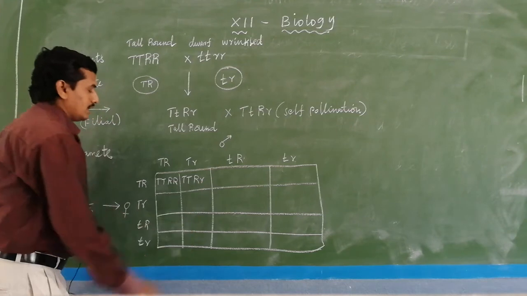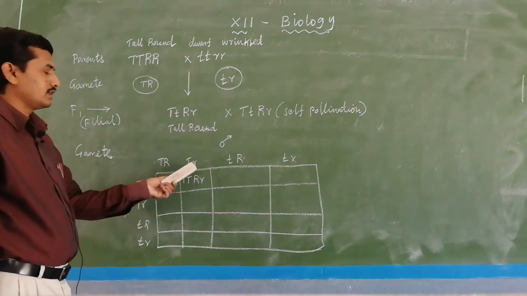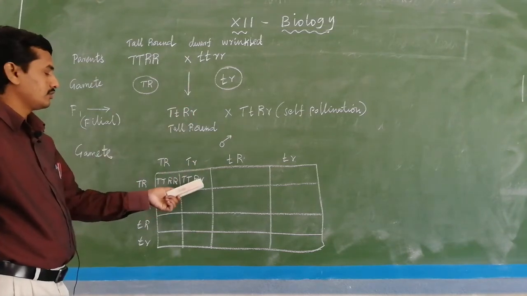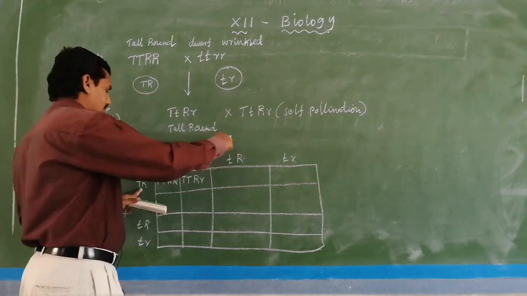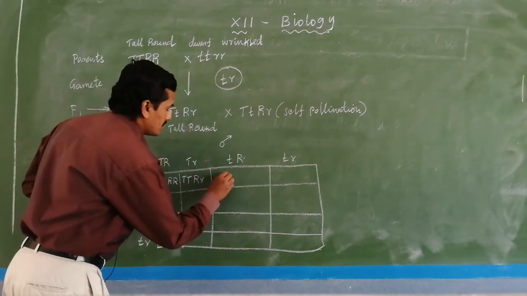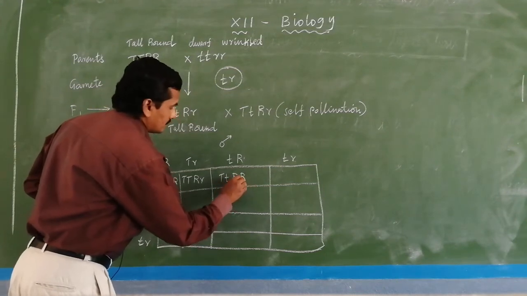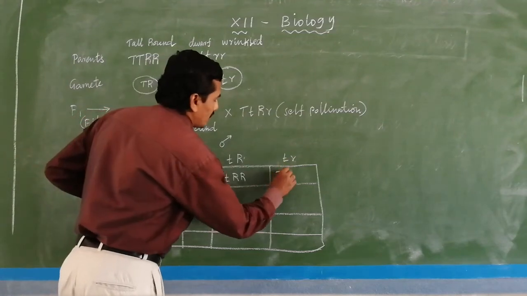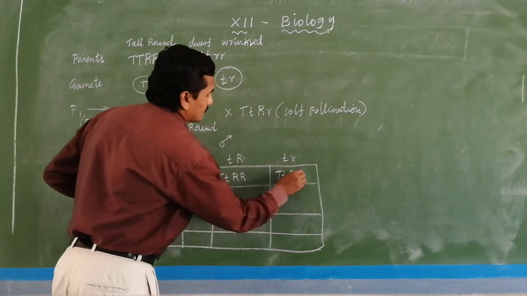Normally capital letters are dominant, so we put them first. Small letters are recessive in the parent also, so we put them second. Then one male gamete fuses with another female gamete. What? Capital T, small t, capital R, small r.